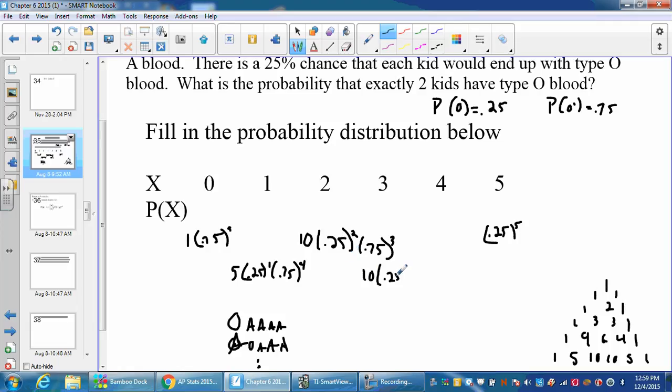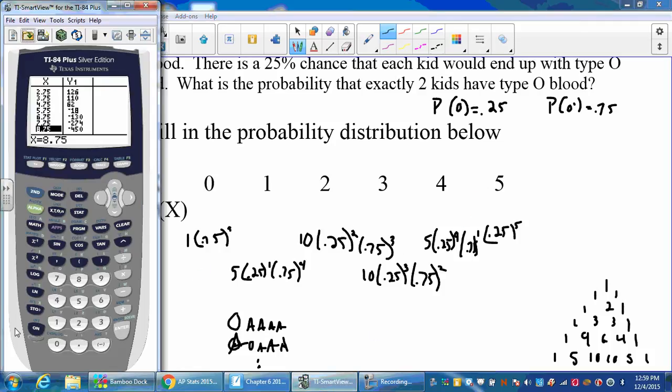We have 0.25 to the 3rd, and 0.75 to the 2nd. Now our last one, to have 4, we multiply by 5: 5, 0.25 to the 4th, 0.75 to the 1st. Now we just plug these in our calculator and we'll get the distribution for each of the values.